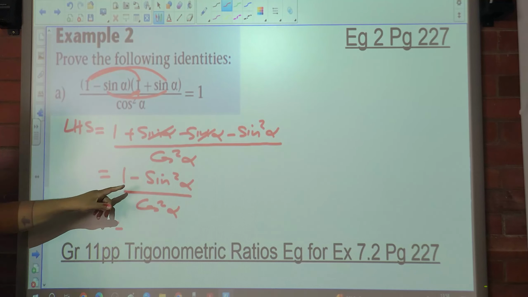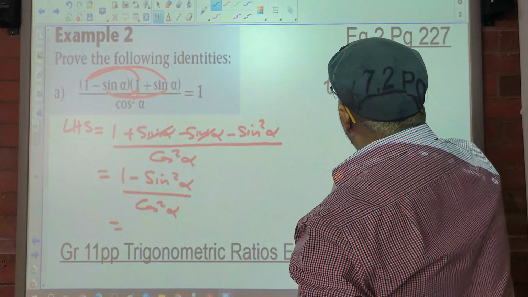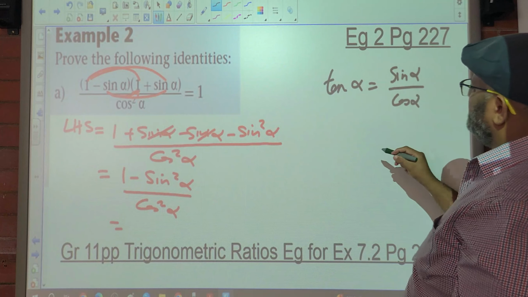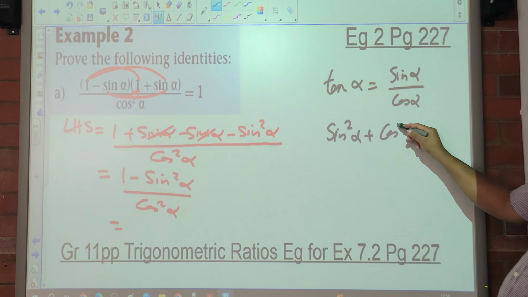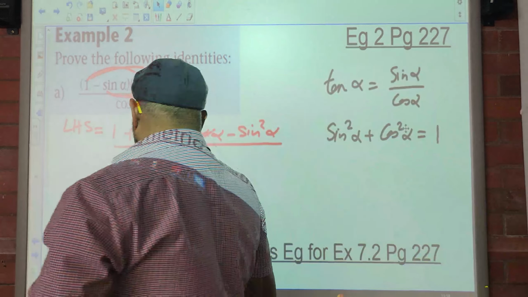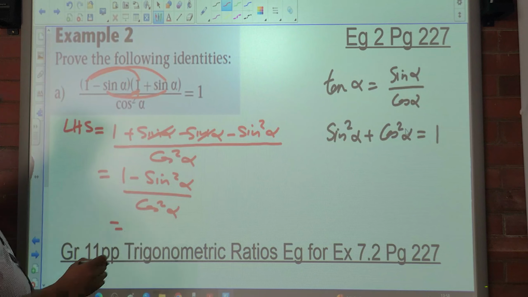So what's 1 minus, right, the fundamental identities again? Is that tan alpha is equal to sine alpha over cos alpha. And also, sine squared alpha plus cos squared alpha is equal to 1. So what is 1 minus sine squared alpha? Cos squared alpha.